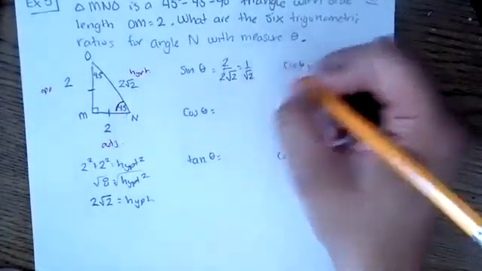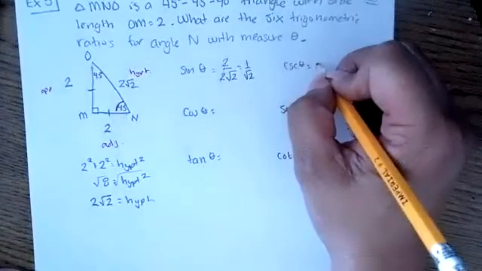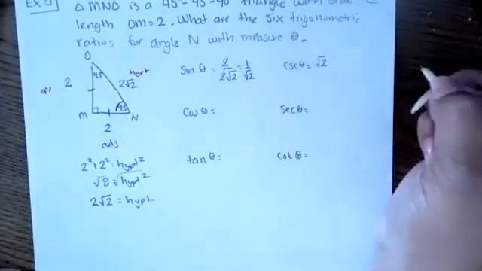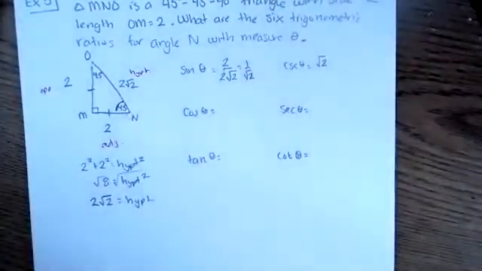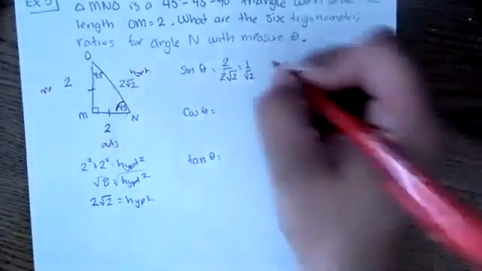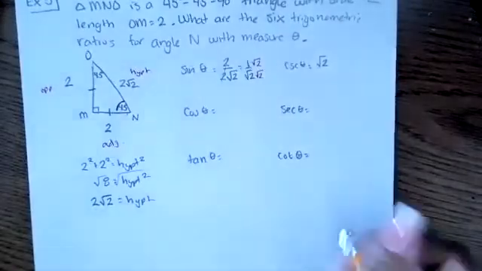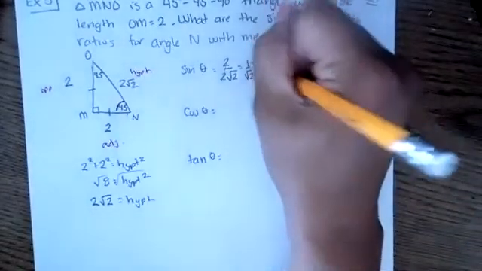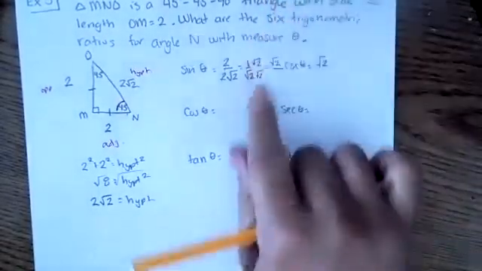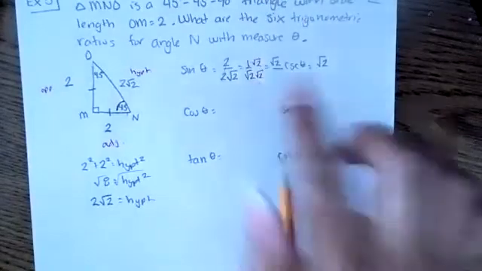Now, if this is 1 over radical 2, this is going to be radical 2 over 1. On this one, however, I can't have a radical 2 in the denominator, so I'm going to multiply the top by radical 2 and the bottom by radical 2. So the top is going to be radical 2, and square root 2 times square root of 2 is just equal to the square root of 4, which is a 2.